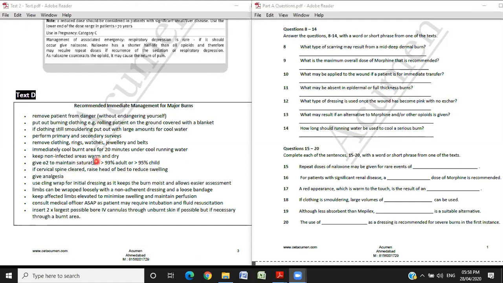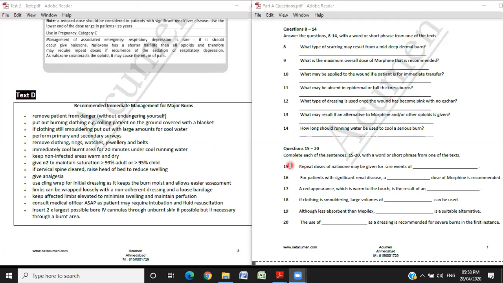Even here, immediately cool the burnt area for 20 minutes under cool running water. So that is 20 minutes. I was looking for duration. How long? That is 20 minutes.